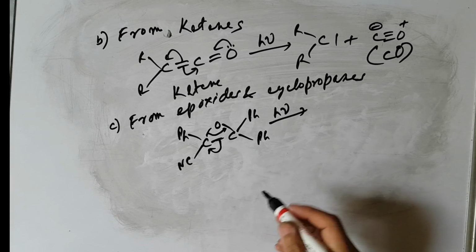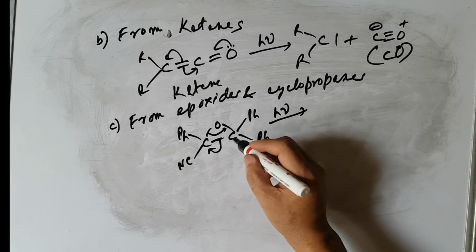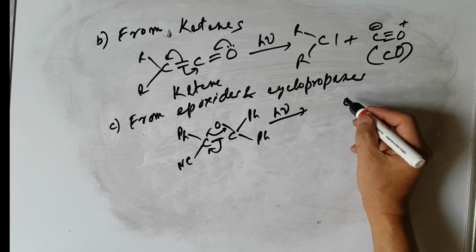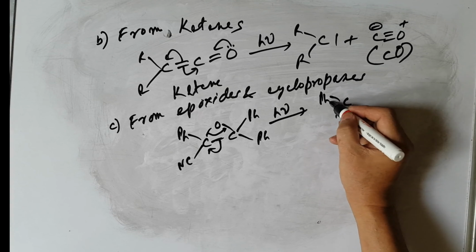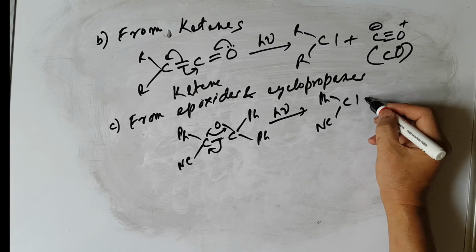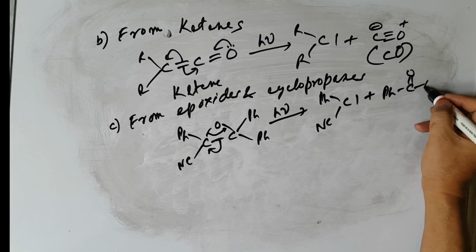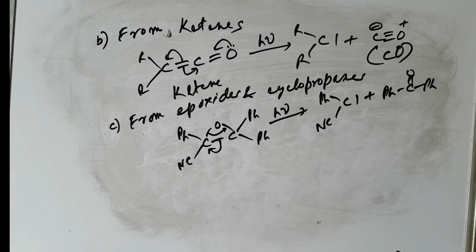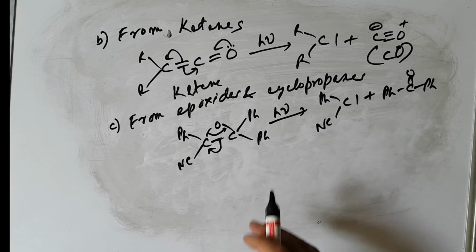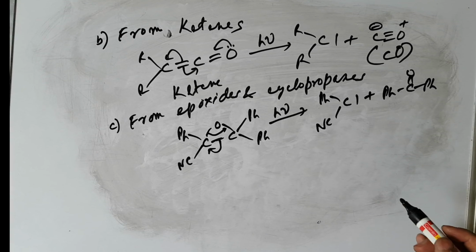So epoxides can generate carbenes like this, plus this benzophenone. I'm giving one example from epoxides: just by photolysis we can get this carbene and then this benzophenone.